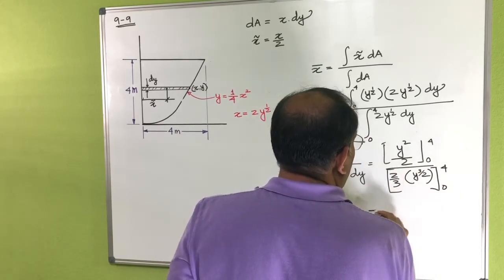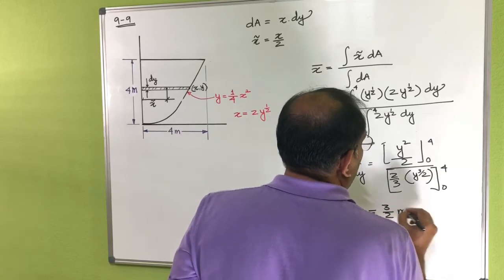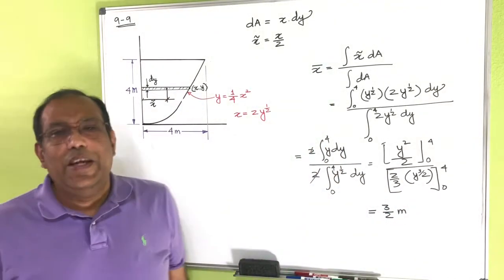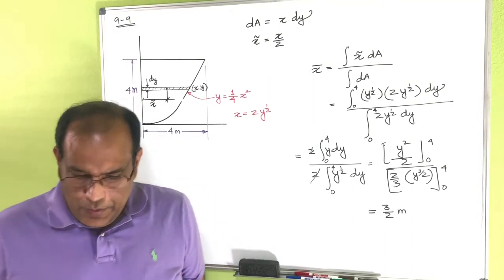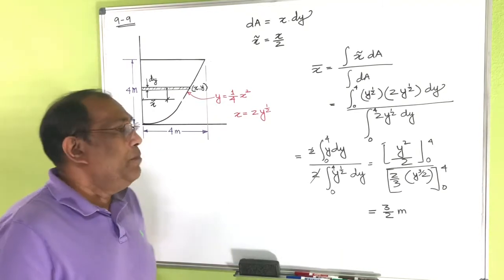So if you plug the value here, you will get 3 by 2 meter. Okay? So that's your answer, 3 by 2 meter or 1.5 meter.